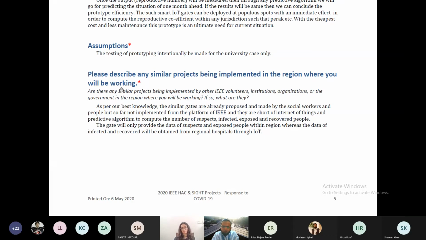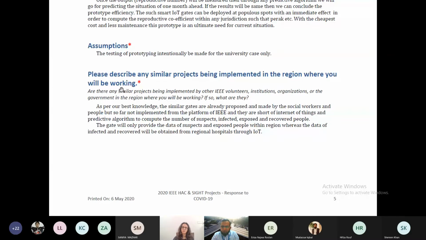So I mentioned over there that there are many similar gates, like disinfectant gates, which are already in the market. They are deployed in front of supermarkets, shopping malls, or maybe schools or hospitals, but they don't have an IoT feature in them, which will help us to know the spread of COVID within the jurisdiction.